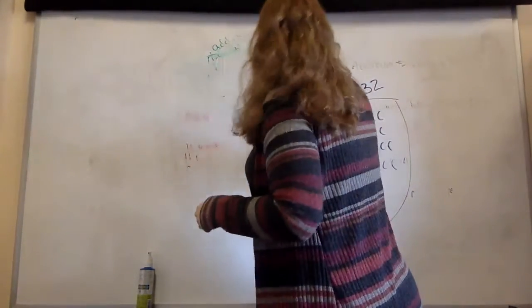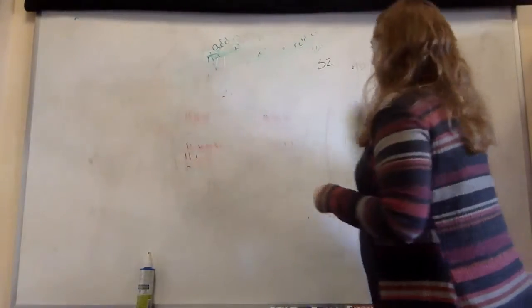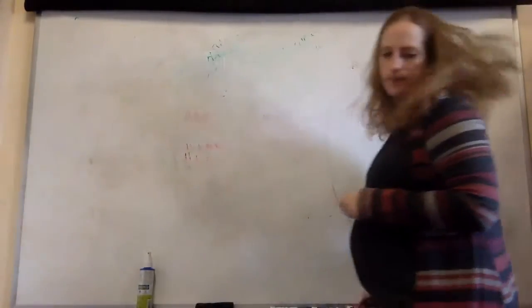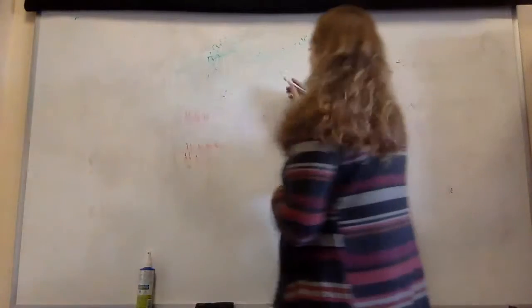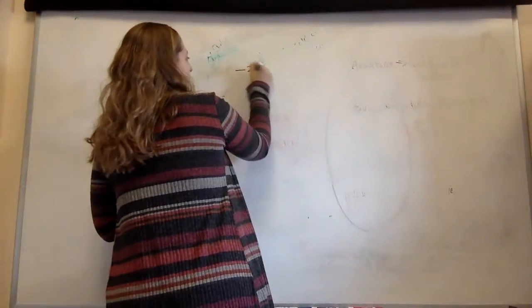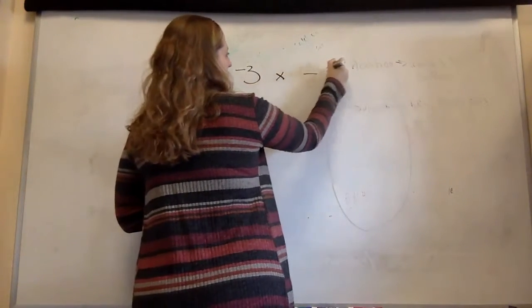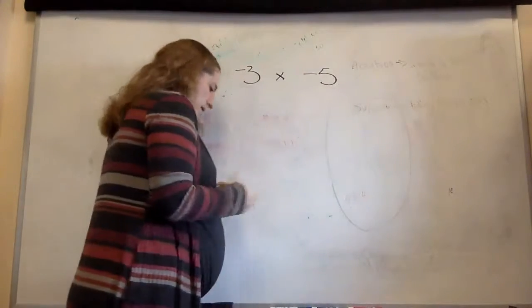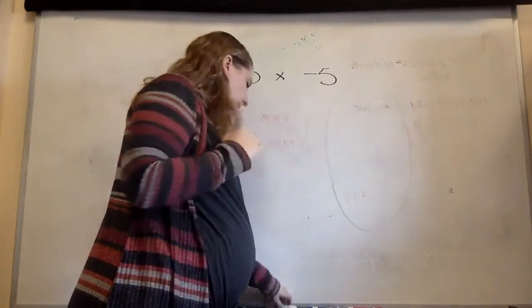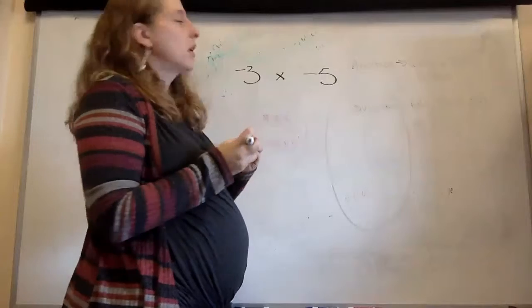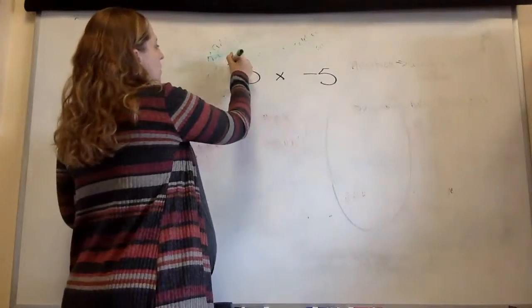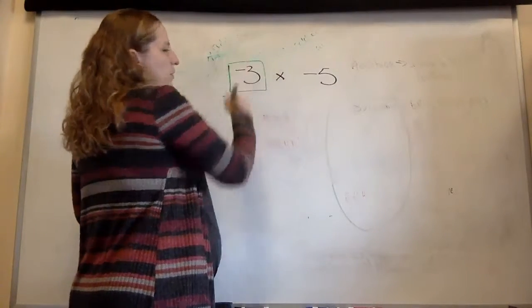Let's look at another example. So let's do -3 times -5. Now again, let's think about meaning here. Here we're again thinking about groups and what we're doing with those groups.